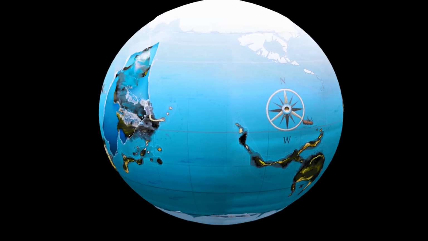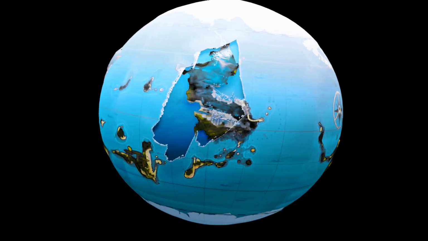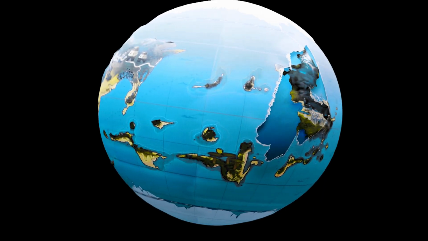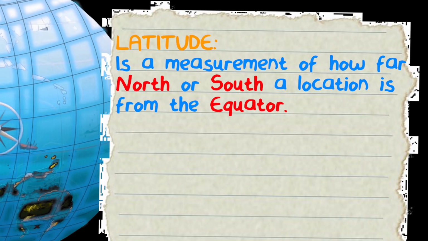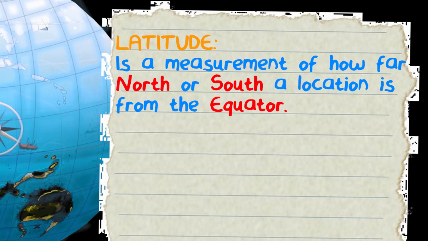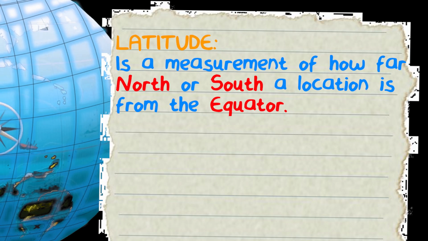Now, if you put it into mathematical terms, when we talk about what a latitude is, we refer to it as a measurement of how far north or south a location is from the equator. A latitude is a measurement of how far north or south a location is from the equator.